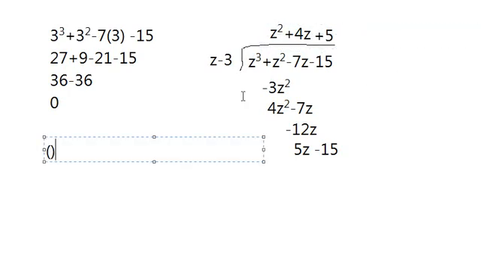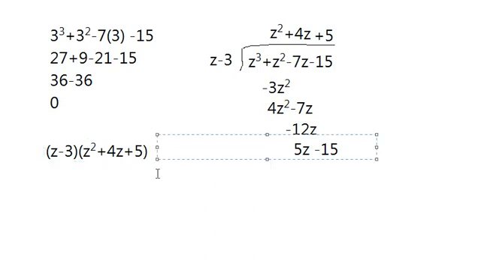So you can write down that cubic as z minus 3 times z squared plus 4z plus 5, and this will be equal to 0.